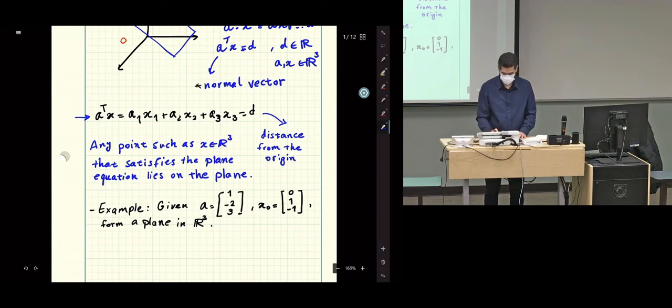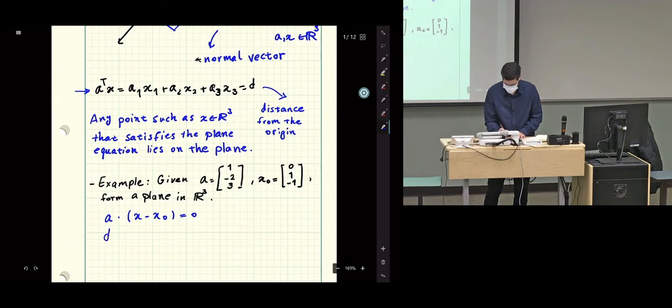And the answer will be, well, A is our normal vector. So we know that the dot product of A with x minus x0 must be 0. And we know that D equals A dot product with x0, which is 1 times 0 plus -2 times 1 plus 3 times -1.